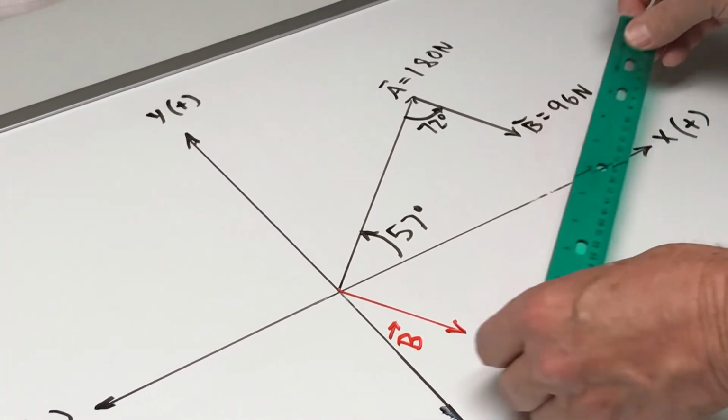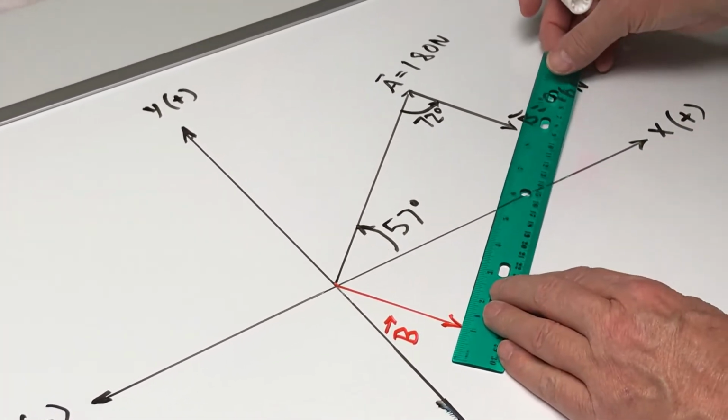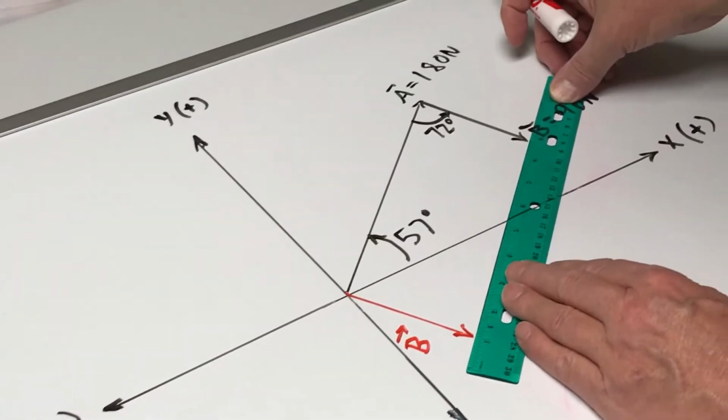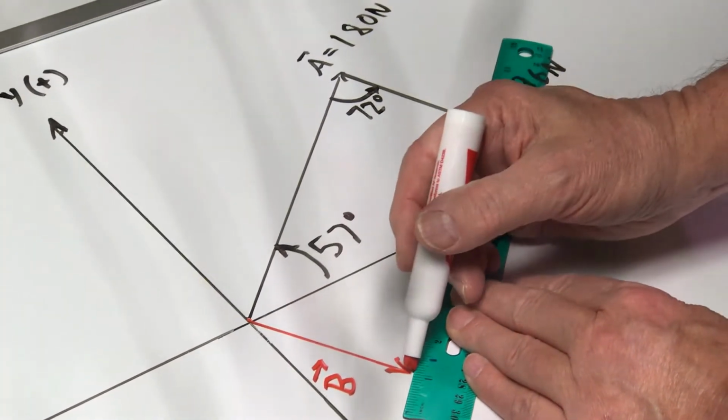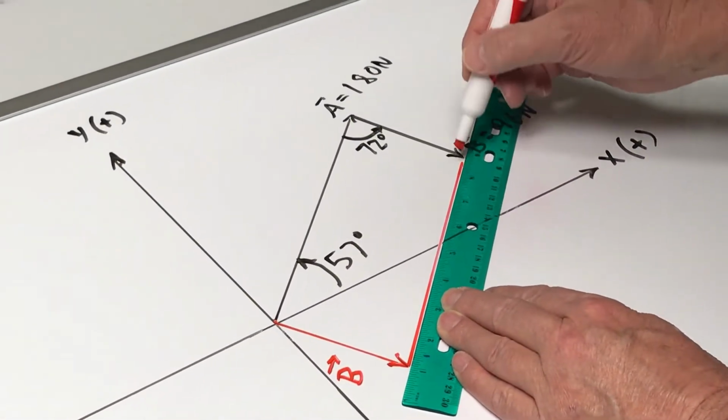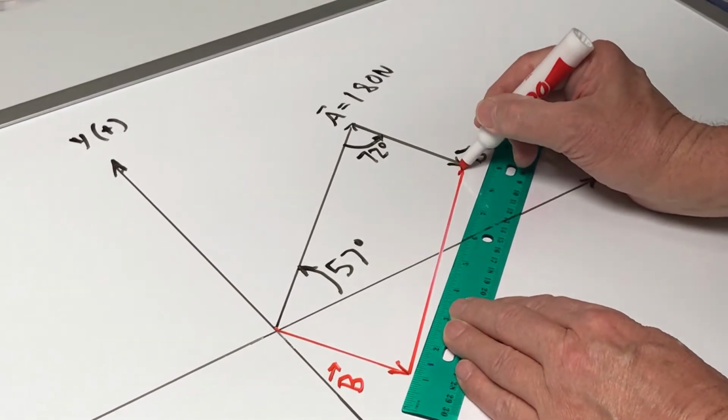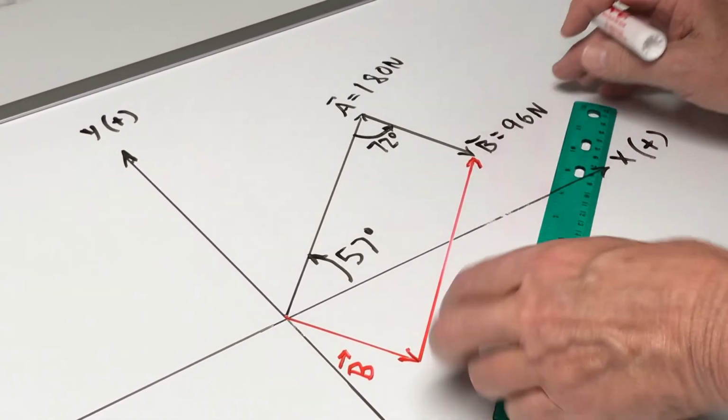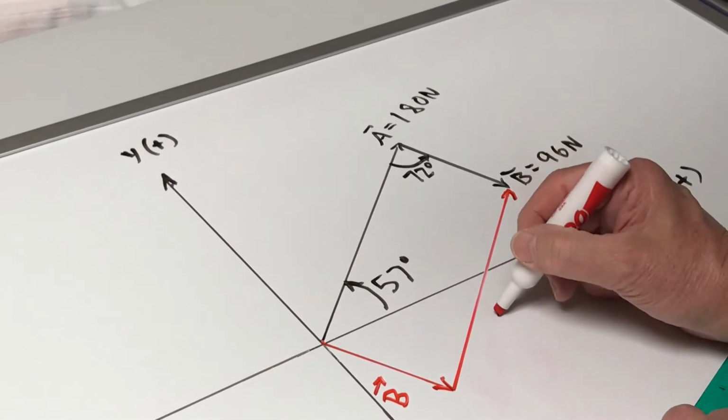And we'll do the same thing with vector A. We'll come over here and connect with the head of vector A pointing in that direction. So this is vector A.